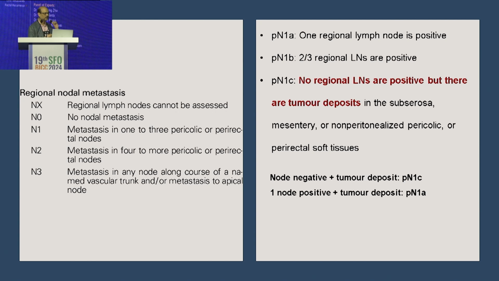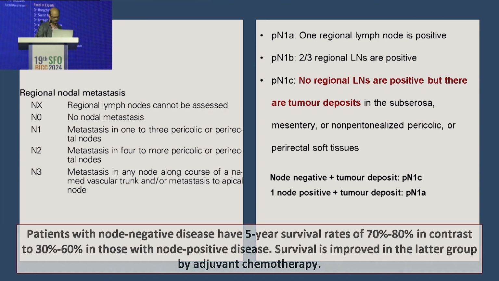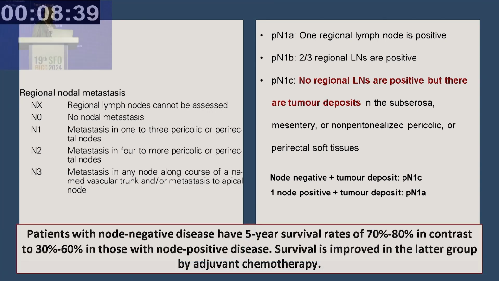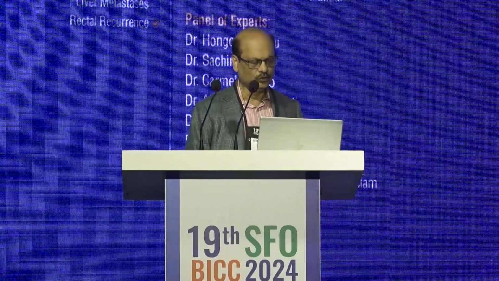If there is one lymph node positive, then it will be N1a. Patients with node negative disease have a 5-year survival rate of 70 to 80%. In contrast, it is 30 to 60% in those with node positive disease.